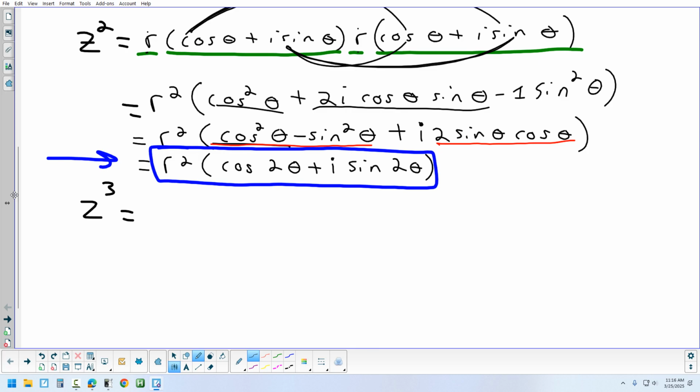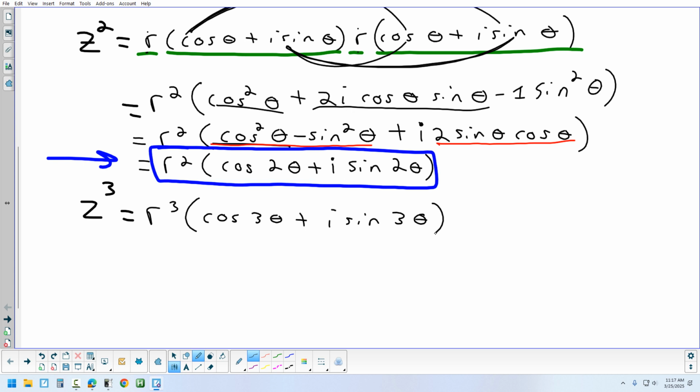What would z cubed be? r cubed, and is it the same thing? No, because cosine 3 theta plus i sine 3 theta.